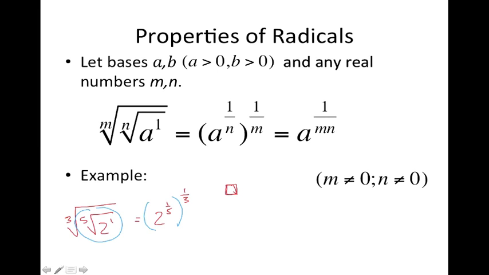It's just a square for visual effect. I have a base to the 1/3 power. That's like saying the third root of that same base. So hopefully that makes a little sense. And then you can further simplify this like it is up here to just 2 to the 1 over 5 times 3, or 2 to the 1 over 15.